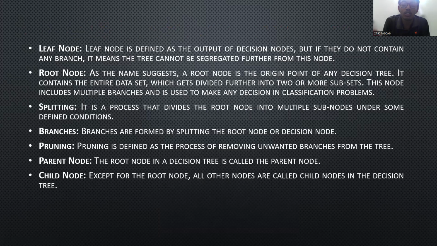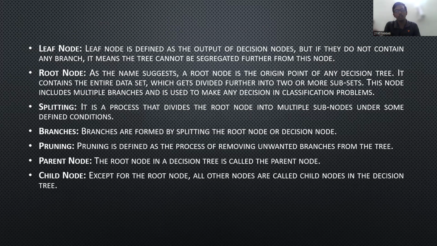Root node: as the name suggests, a root node is the origin point of any decision tree. It contains the entire dataset, which gets divided further into two or more subsets. The node includes multiple branches and is used to make the decision in classification problems. Splitting is the process that divides the root node into multiple subnodes under some defined conditions.